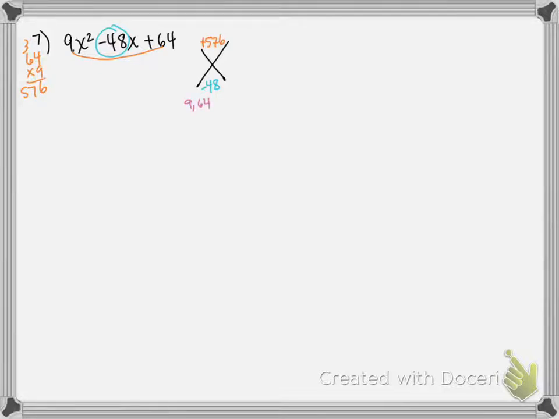Now, because of the signs, we have a positive product, which means both signs would have to be negative. So we'll know that both of our numbers will get a negative on them. Now, I am going to add these, and that would give me a total of 73. So 64 plus 9 is 73. So I know that's not the right combination.